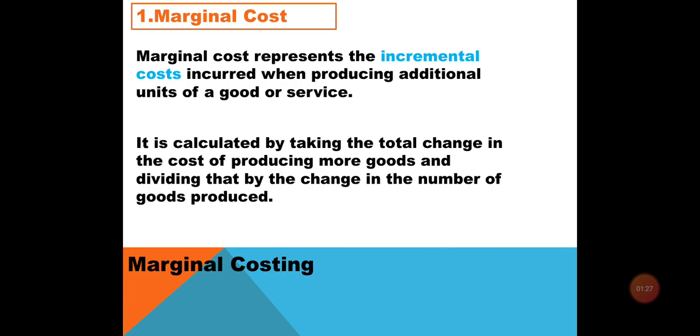This marginal cost can be calculated by taking the total change in the cost of producing more goods, and dividing that by the change in the number of goods produced.